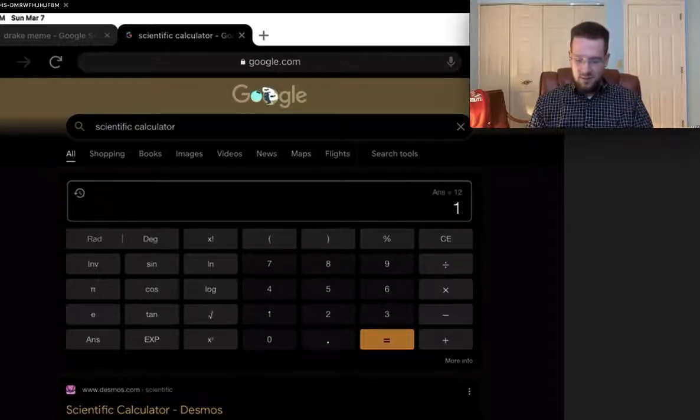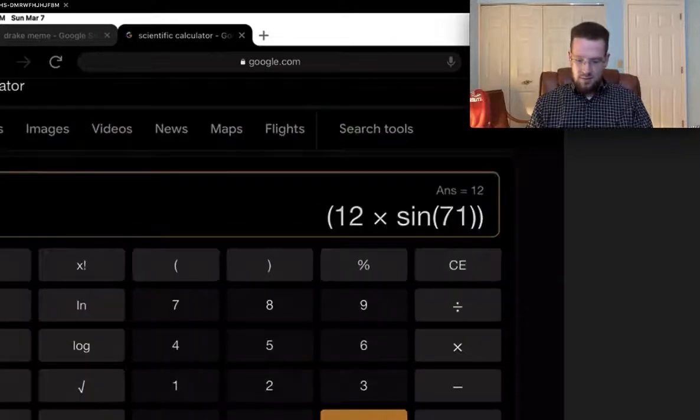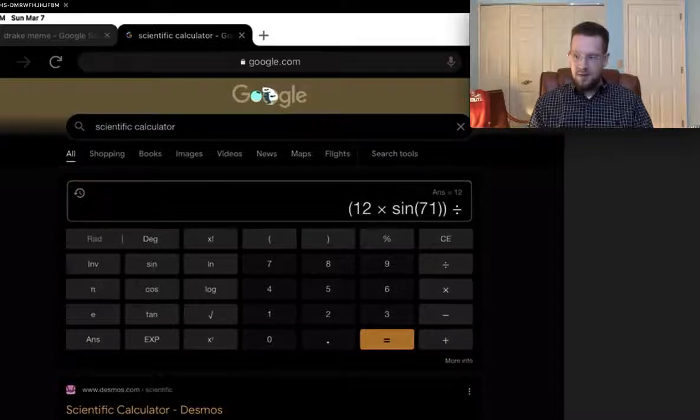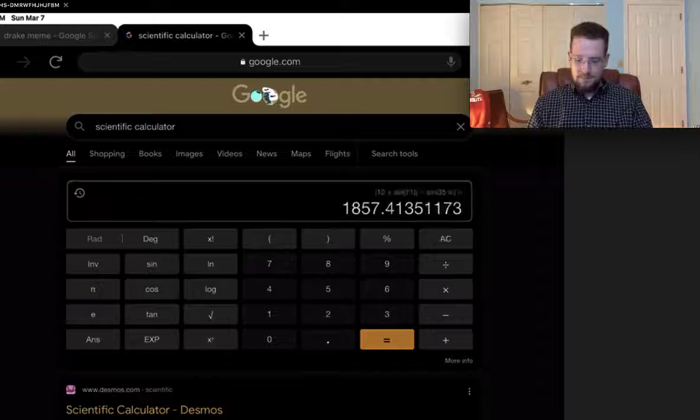Okay, I have to put in parens. 12 times, again, I have to wrap the whole numerator in parentheses. The sine of 71, double parens, divided by the denominator at the bottom. This was sine of 35.